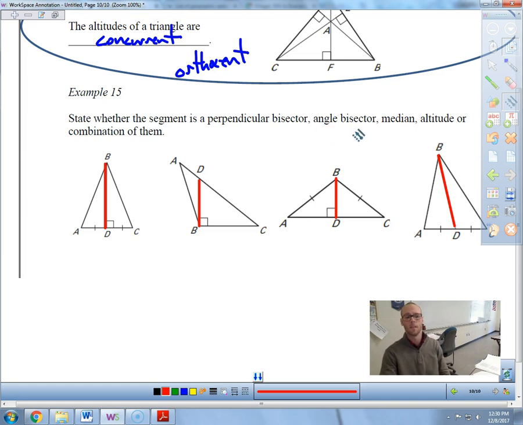Is it an angle bisector? Is it a median? Is it an altitude? Or possibly a combination of all of them? So I'm going to end the video here asking you to go through each of these and identify for each segment BD which of those it is. And next time I will see you, we'll check it.